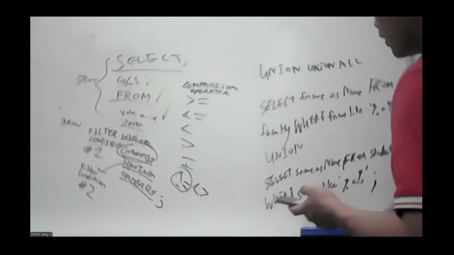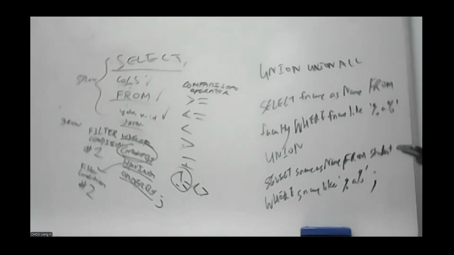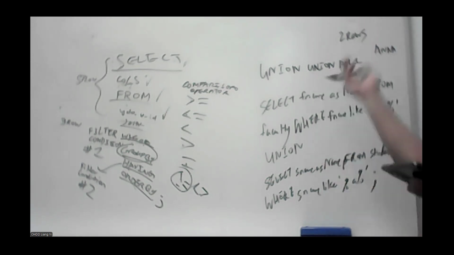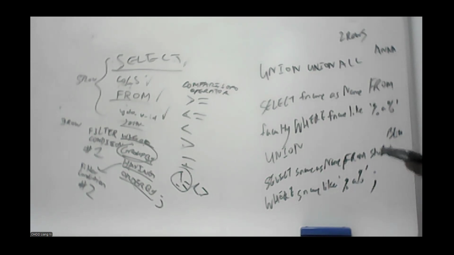So this whole thing is one query, one SQL, one structured query language. And this one is quite obvious, union. So here maybe you get an R, and here you get 10. If union really, if within one you get 2 rows of data together, and now you get 10. Yeah, that's about it.